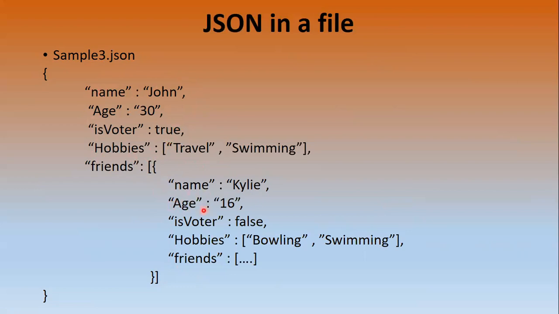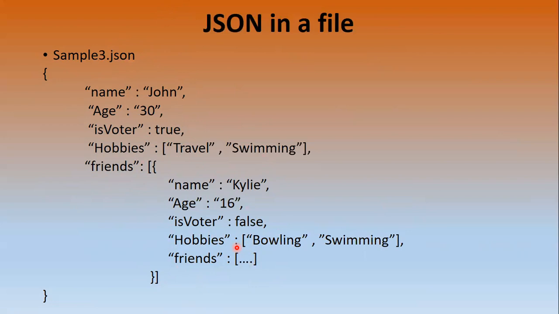So it has name, age, is voter, and hobbies. So you can say this JSON started, then there's an object, and inside that object, again, there's an array, and inside that particular object, you can again have more objects. So it is actually called nesting. Okay, so you have a lot of nesting inside it, object inside object or arrays inside arrays.